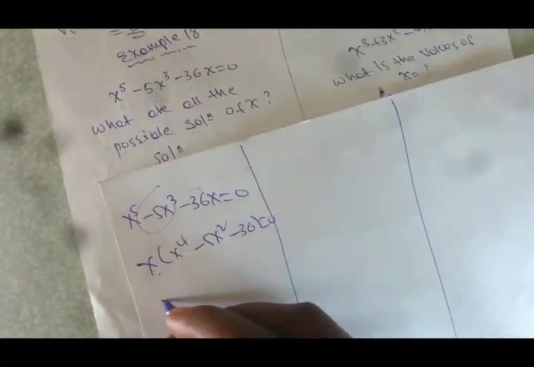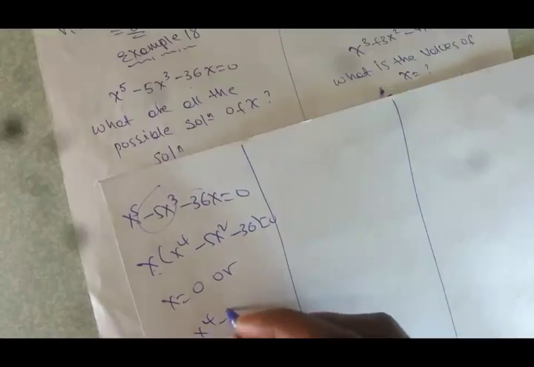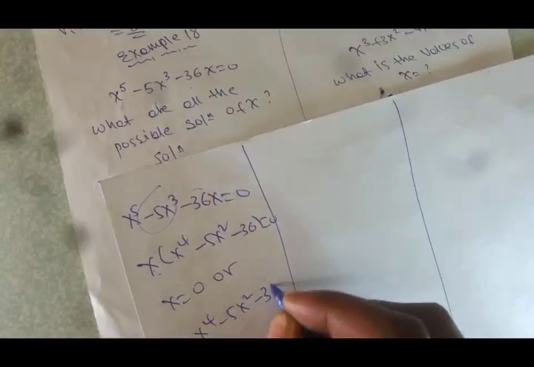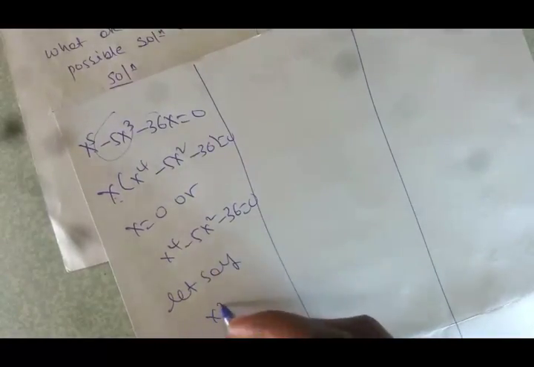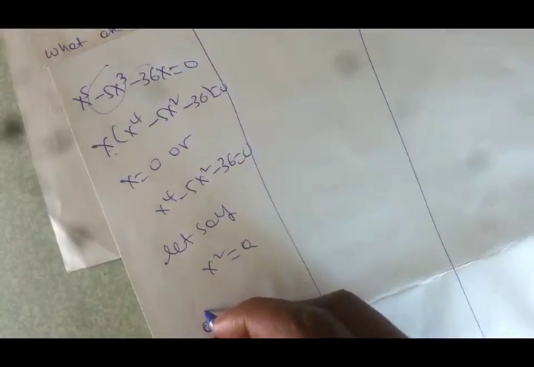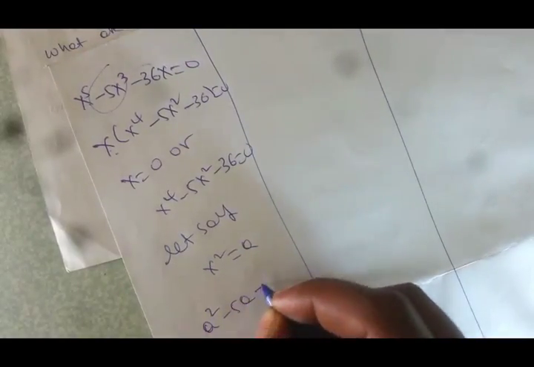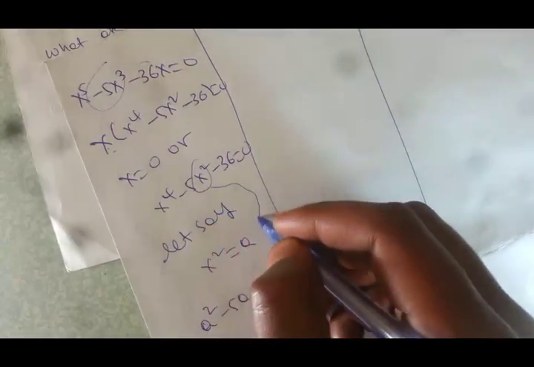Therefore, x is equal to 0, or x raised to 4 minus 5x squared minus 36 is equal to 0. So let's say x squared is a. Therefore, a squared minus 5a minus 36 is equal to 0, because x squared is a.